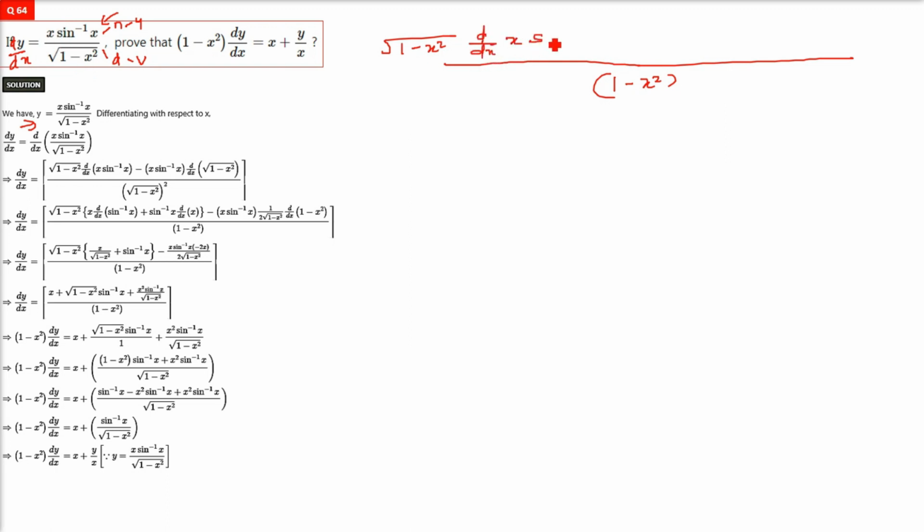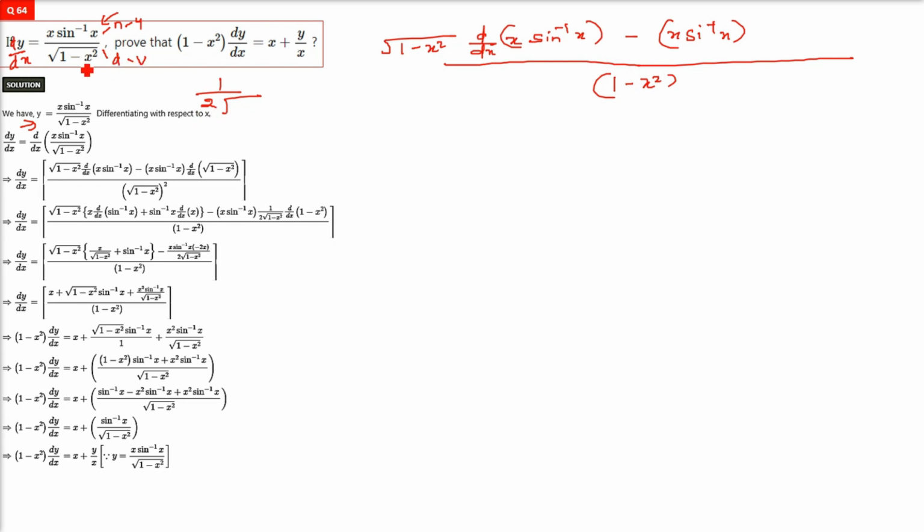Now d by dx of x sine inverse x, we will perform with the product rule. Then x sine inverse x in the front, and d by dx of under root 1 minus x square. Anything with a root will be 1 by twice the under root of that thing.